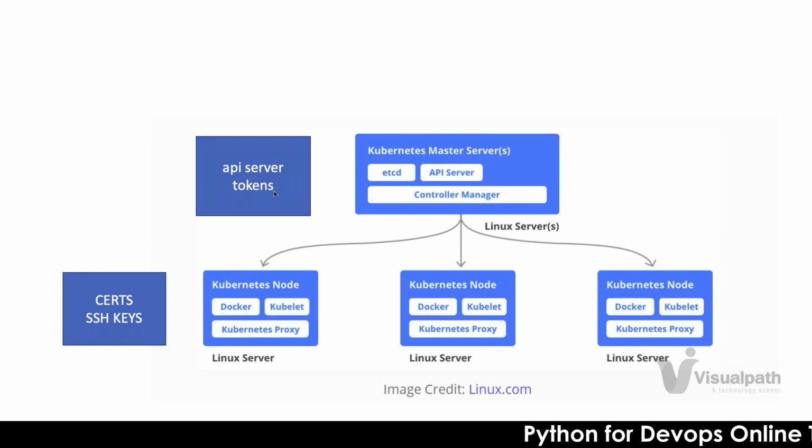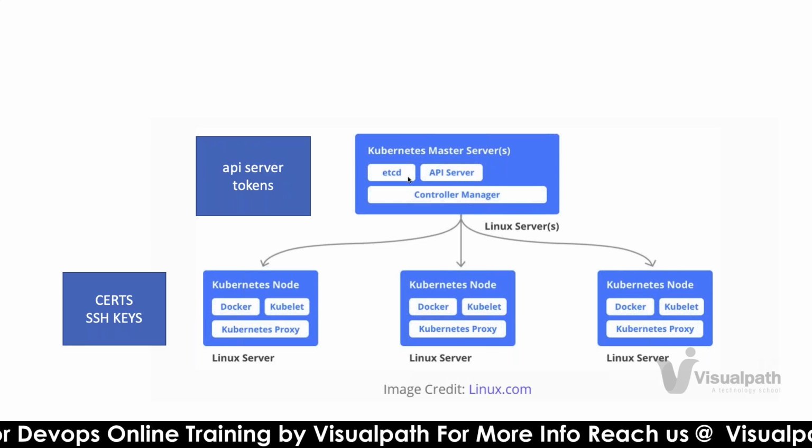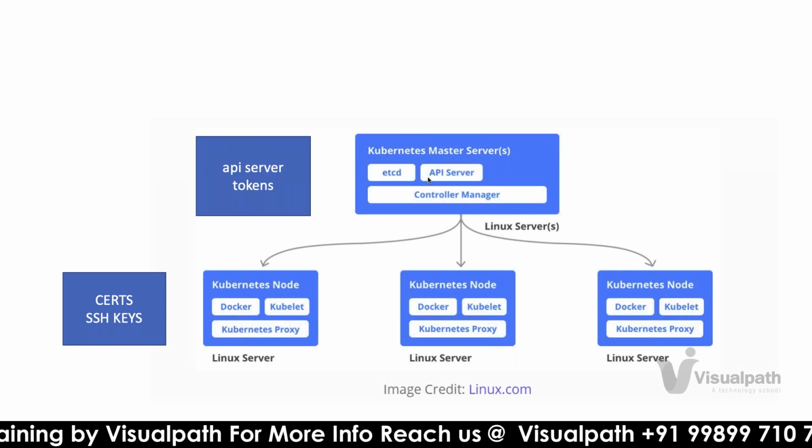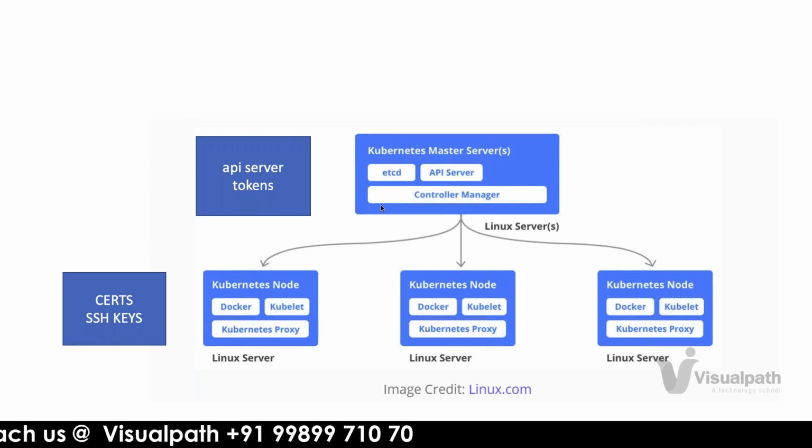So for these two reasons we need to have an automation in place, where you can communicate directly with the master server, the API server, and get the details of what the master server is running.